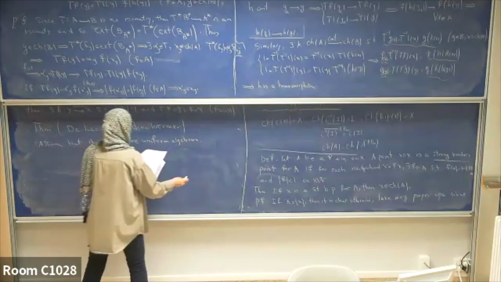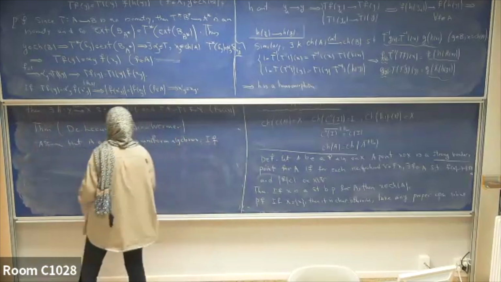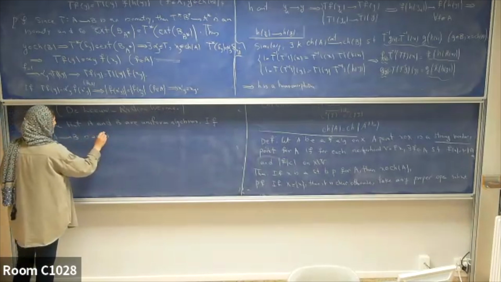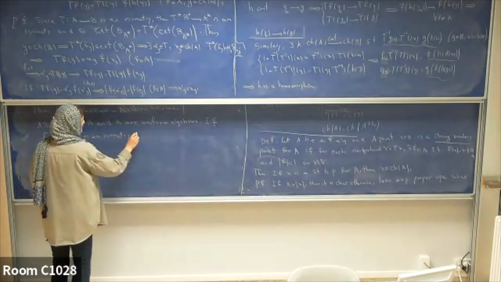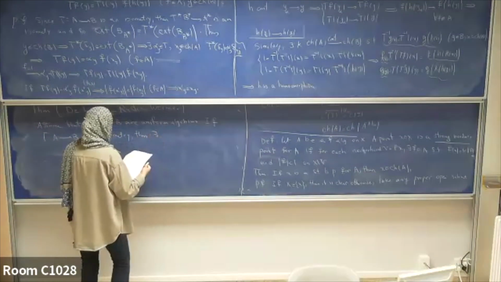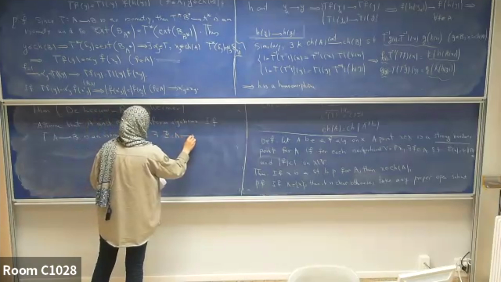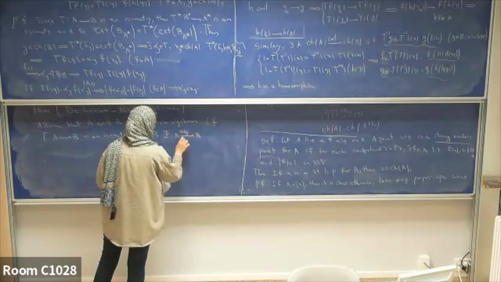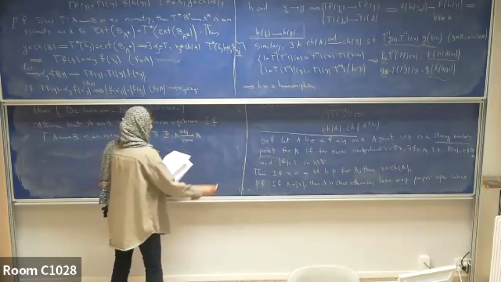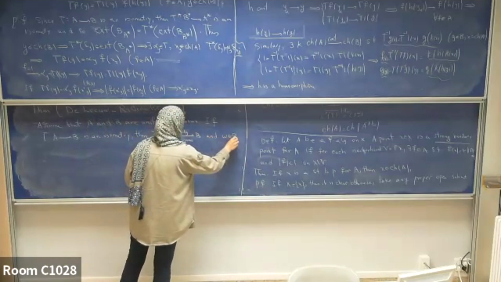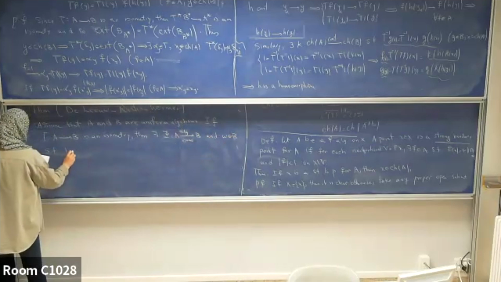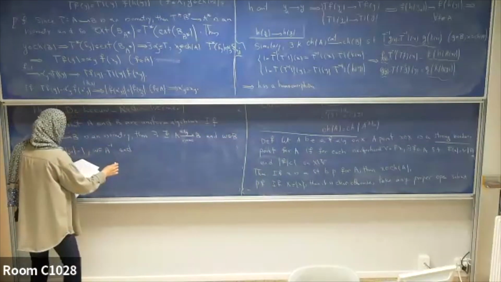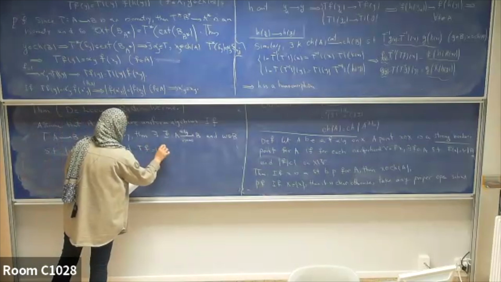Okay. If T is an isometry, then there exists an algebra isomorphism and W in B such that the absolute value of W is 1, W is invertible, and phi of f is W inverse T of f.